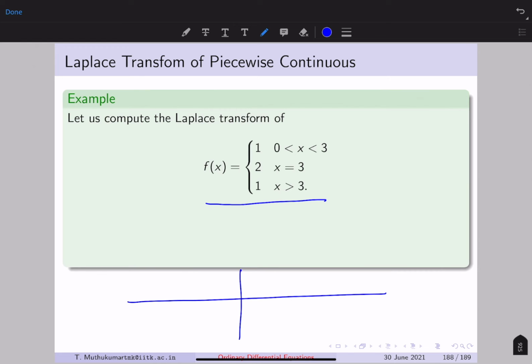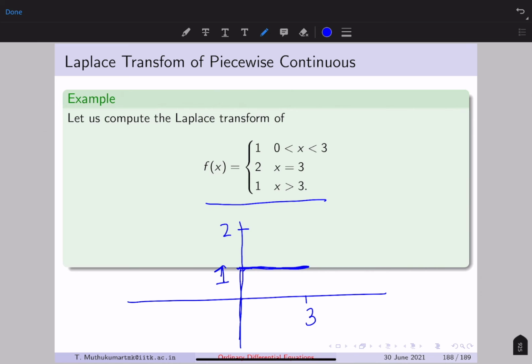If you plot the graph of this function, let's say this is 1, this is 2, and this is 3. When x is from 0 to 3, the function takes the value 1.